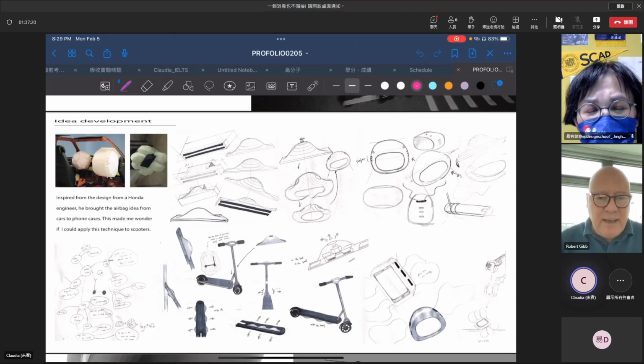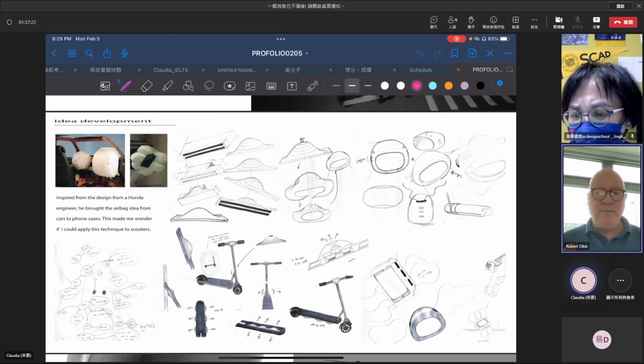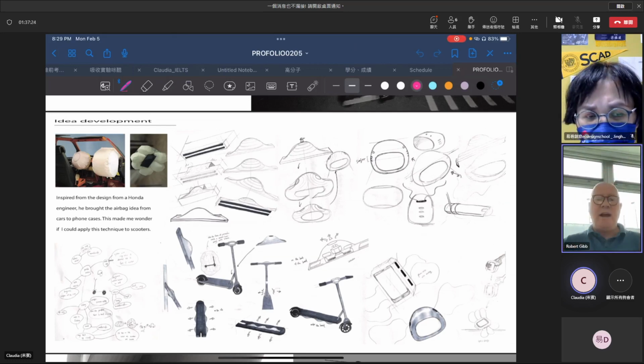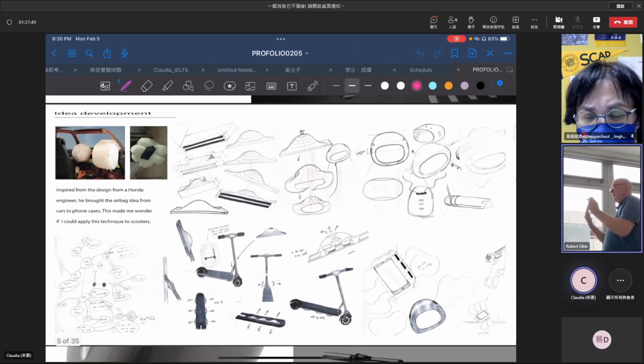The one thing I would say here is you need to think about the form of the scooter. So an airbag coming out on a scooter means it could still fall. So you might need to think about how you're helping someone not fall to the left or the right. So that's just a question. The way around that is easy. If I want a scooter like this, and the airbag comes with this, it could be this way or this.